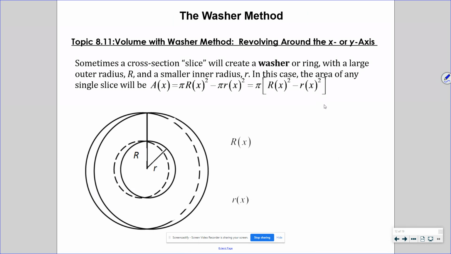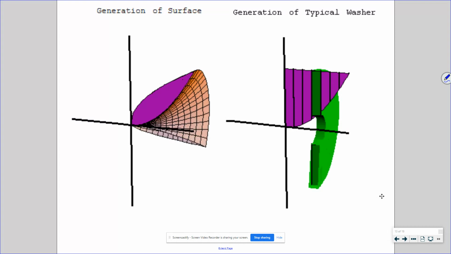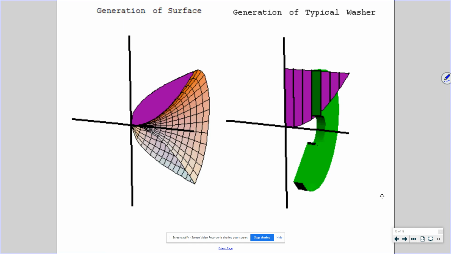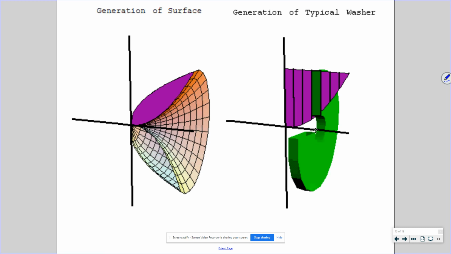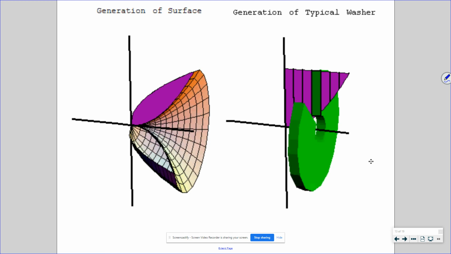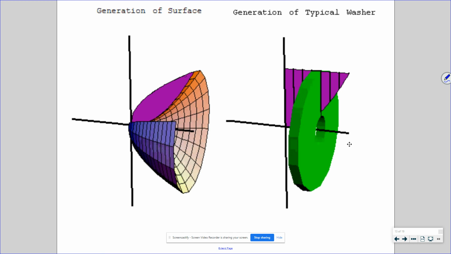So what will happen sometimes is the way that your functions are drawn, if there is a gap between your equation and the x-axis or the y-axis, and then you rotate that equation to make a three-dimensional figure, there's going to be a gap in the middle of your 3D figure. So you would have something that resembles a washer, which is like a donut, okay?